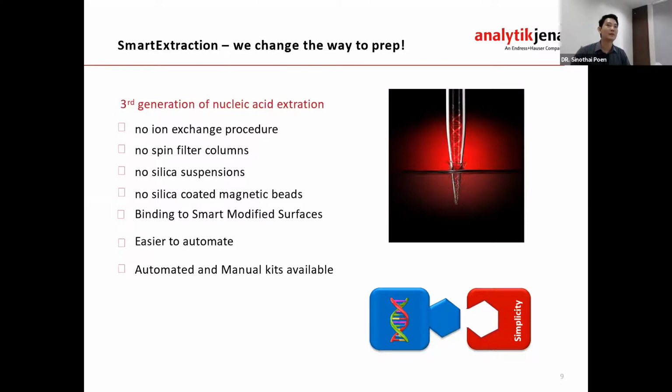It relies on binding of nucleic acid to the smart modified surface, making the extraction procedure easier and suitable for automation. Currently, we have extraction kits based on this technology for both manual and automated extraction.